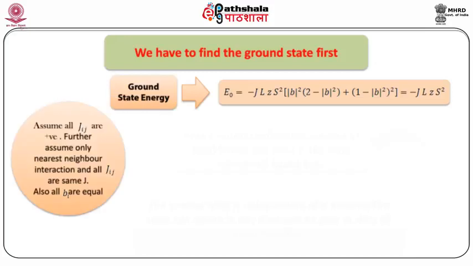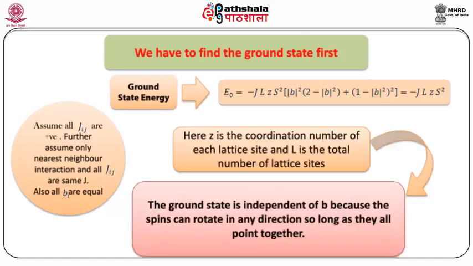Here z is the coordination number of each lattice site and L is the total number of lattice sites. The ground state is independent of B, very important, because the spins can rotate in any direction so long as they all point together.